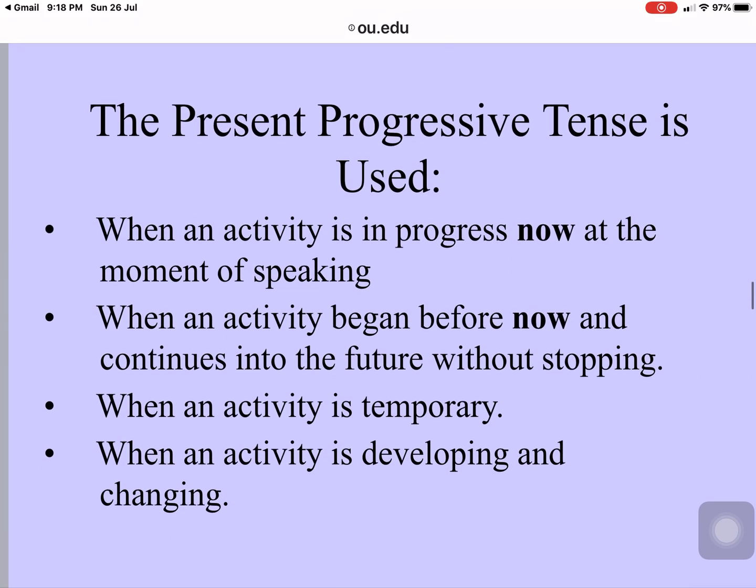When an activity is in progress now at the moment of speaking. For example, my mother is cooking in the kitchen. When an activity began before now and continues into the future without stopping. Third, when an activity is temporary, we use present continuous tense. When an activity is developing and changing, we use present continuous tense.